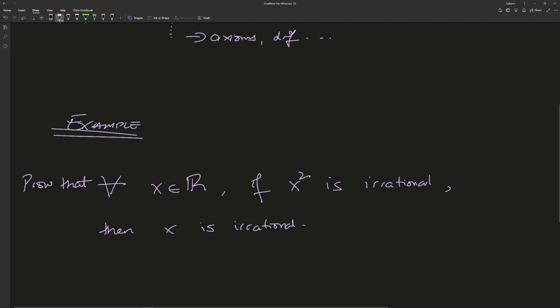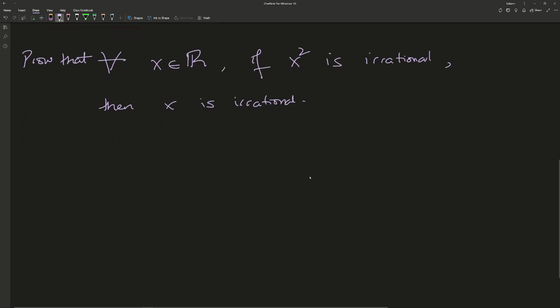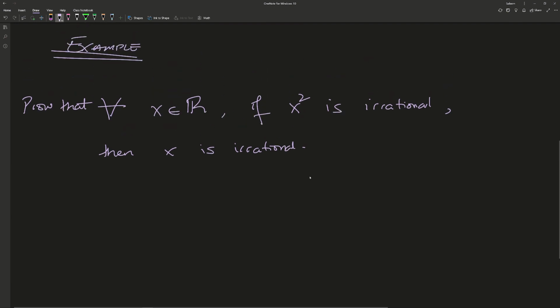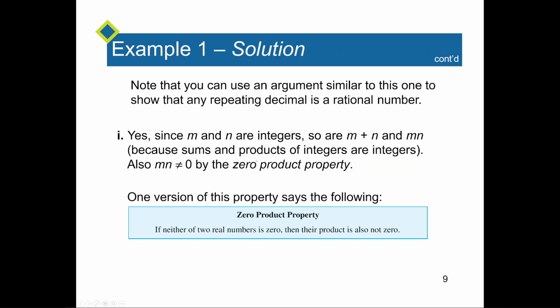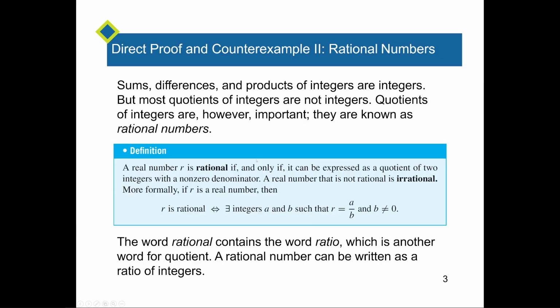Now here's the problem with this. Not so much a problem, but we know what a rational number is. We know the form of a rational number. From our definition, back here, let me pull it up, from the very beginning, we had that a real number that is not rational is irrational.